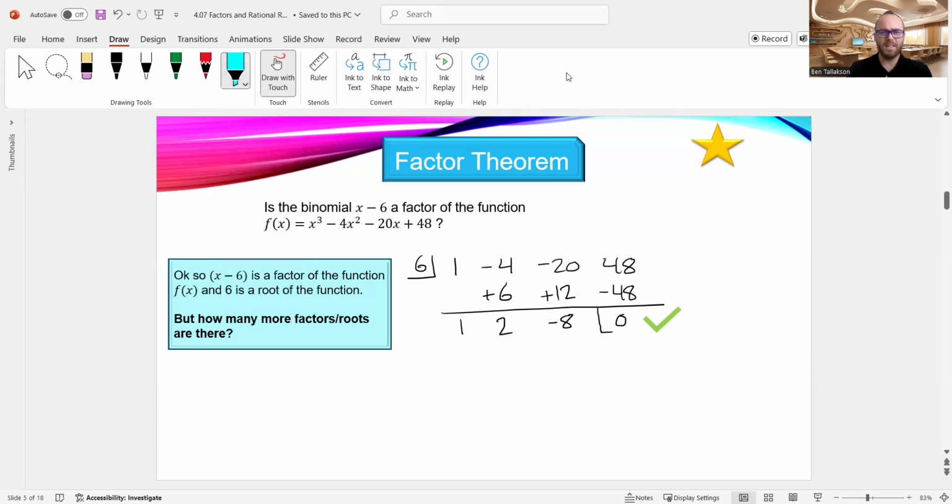There's one little, literally little thing on the board that tells you, remember, the highest power of your polynomial tells you how many factors or roots you will have. Remember, there's always the same amount of factors as there are roots because you find factors, set them equal to 0 to then find the roots, right? So there are two more answers, and how do we find them?